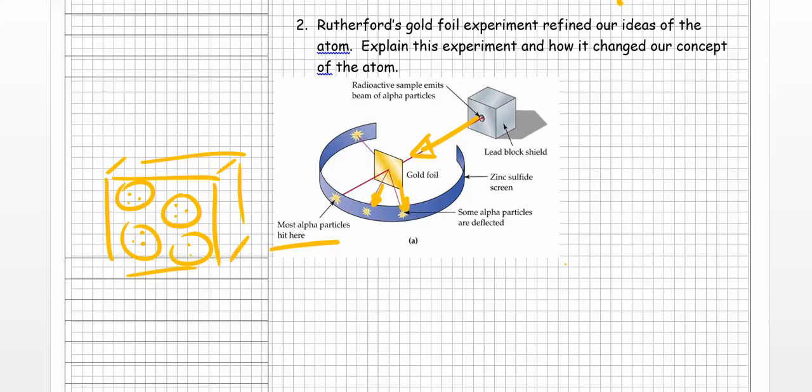They would go to one side or the other. Sometimes they would even come right back from where they were being fired. Well, that was intriguing, because what that meant was this. What that meant was that the atom was not simply composed of electrons throughout, but rather it must have a dense core, right?